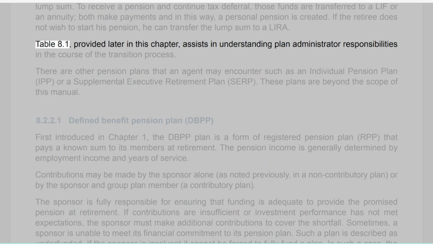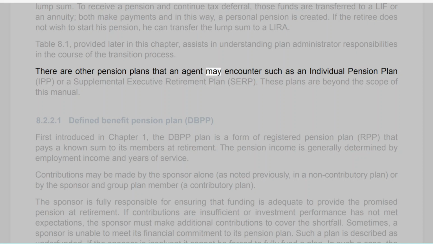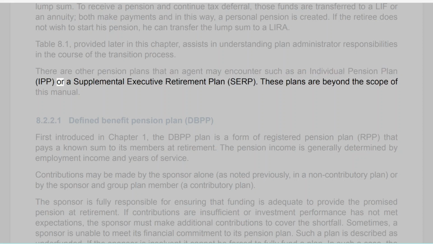Table 8.1, provided later in this chapter, assists in understanding plan administrator responsibilities in the course of the transition process. There are other pension plans that an agent may encounter, such as an individual pension plan, IPP, or a supplemental executive retirement plan, SERP. These plans are beyond the scope of this manual.